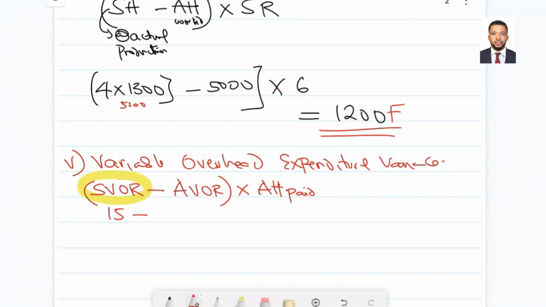What's the actual? They spent 75,500, so divided by how many hours do they have? The variable overhead is with the labor hours. 75,500 divided by 5,000 is what will give you the rate.